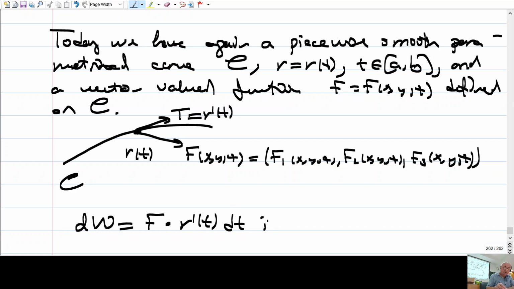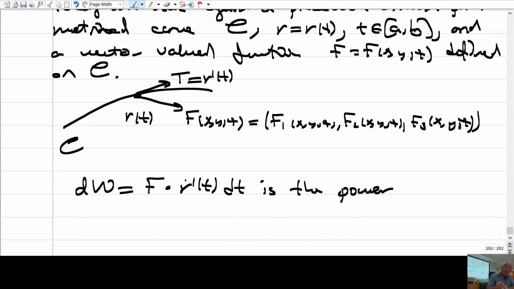This is the power, the work the force F causes or produces.